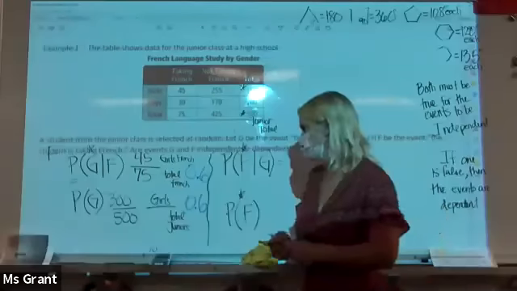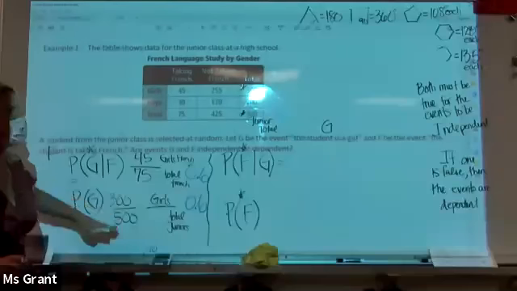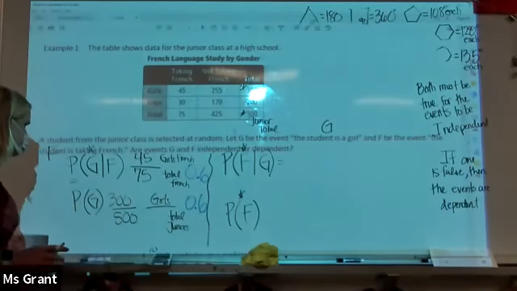Point six. 0.6. Yay, they're equal. So far, so good. These are independent because they are both true. They're both the same probability.